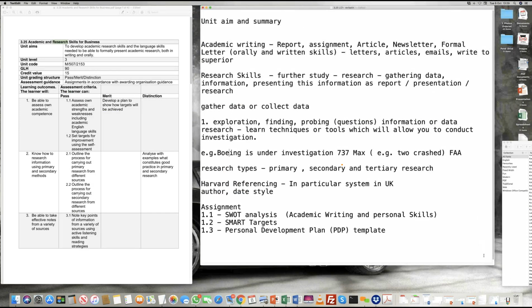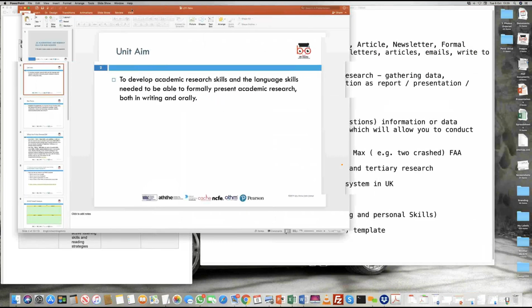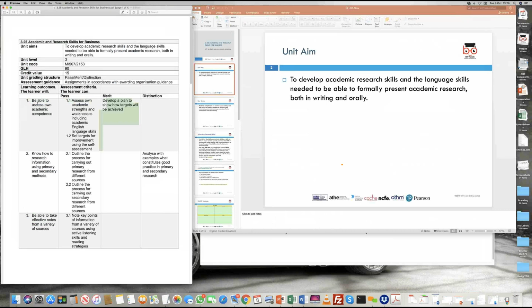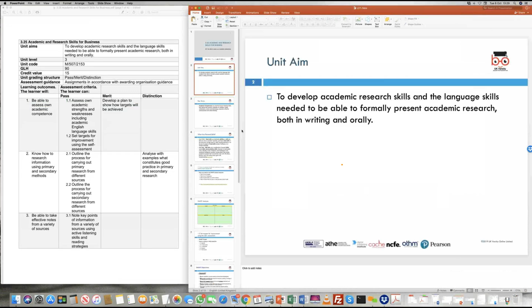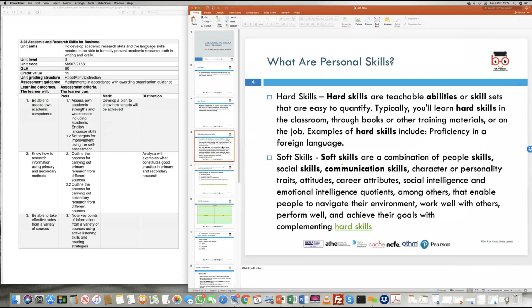No, okay, continue. Now, in the first presentation that we looked at, in order to address this first learning outcome, assess your own academic competence, I think you must recall that we looked at understanding different types of skills. The first learning outcome in this unit actually focuses on understanding and assessing your strengths and weaknesses.